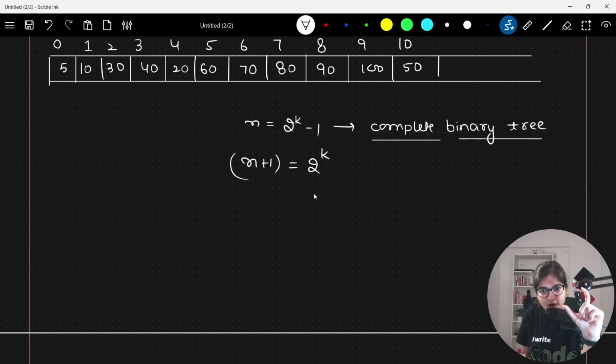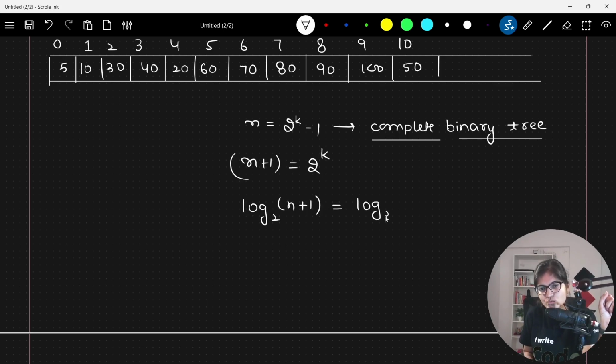If I take log base 2 on both sides, log base 2 of n plus 1 is equal to log base 2 of 2 to the power k. Here k can be moved up front, and the value of log base 2 of 2 will become 1, which is equal to log of n plus 1 base 2.